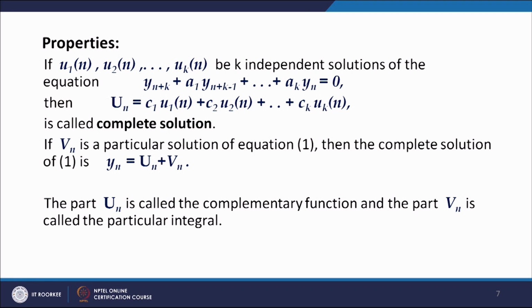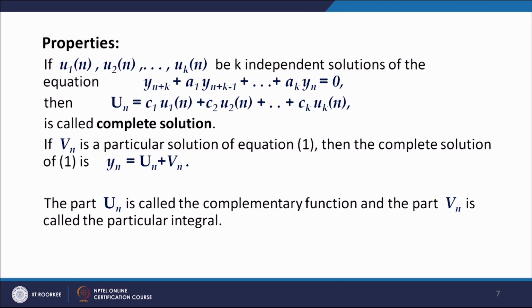So, let us consider the corresponding homogeneous part: y n plus k plus a1 y n plus k minus 1 plus and so on plus ak y n equal to 0. If u1, u2, up to uk of n be k independent solutions of this homogeneous equation, then their linear combination c1 u1 plus c2 u2 plus up to ck uk is called the complete solution of this homogeneous equation. Let us denote it by, say, u n.